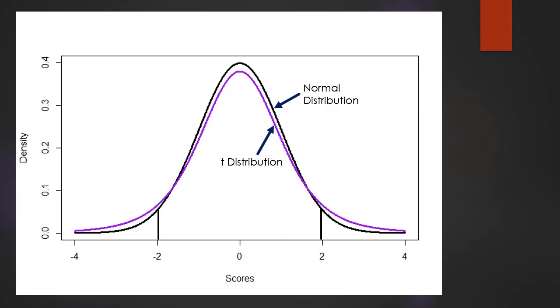But in order to encompass 95% of the t-distribution, we're going to have to put the critical values further out. That is, the critical values will be a larger positive and a smaller negative value. If you think about that in terms of margin of error, that will increase the margin of error and therefore increase the width of the confidence interval.